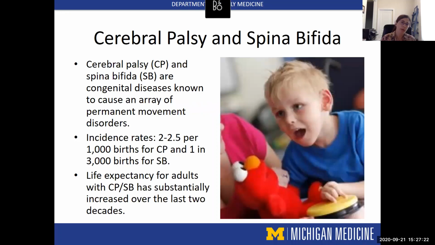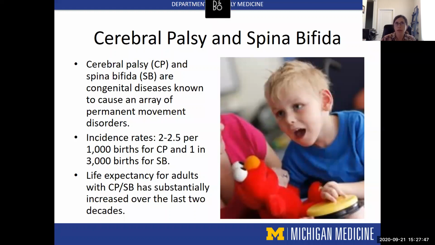CP and Spina Bifida are both congenital conditions known to cause an array of permanent movement disorders, pain, stiffness in muscles, with the incidence rate of about 3 per 1,000 births for CP and 1 per 3,000 births for Spina Bifida.